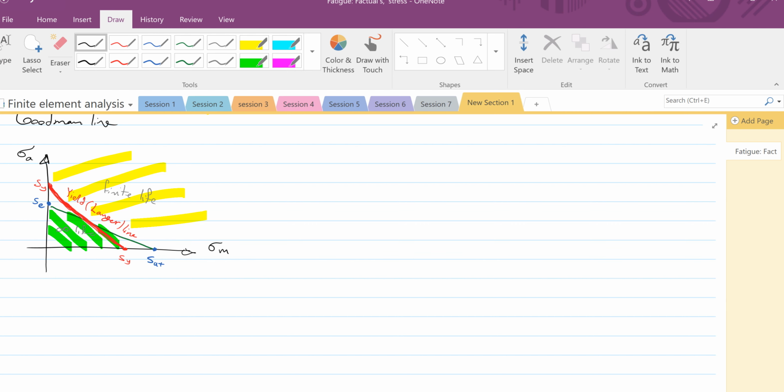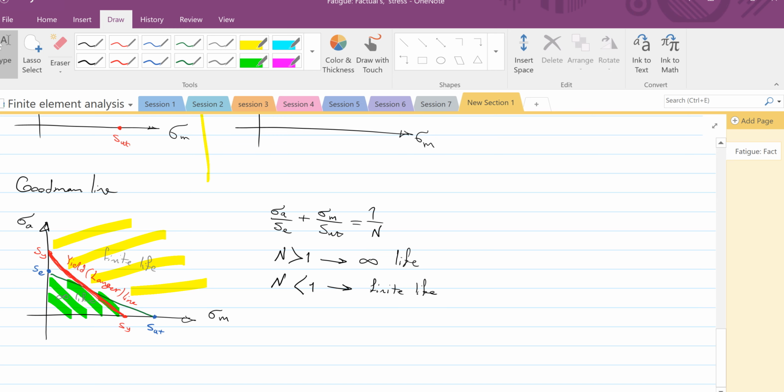And the formula for Goodman's line is this: sigma A divided by SE plus sigma M divided by SUT is equal to 1 over N. If this N was bigger than 1, you are going to have infinite life. If N was less than 1, you are going to have finite life.